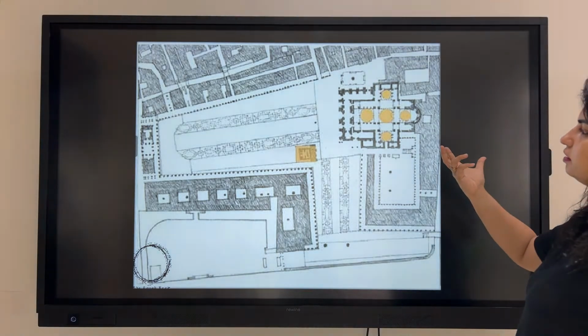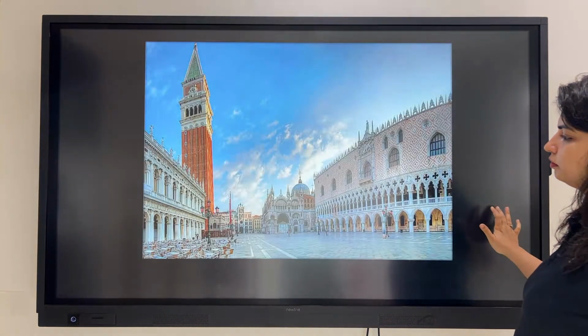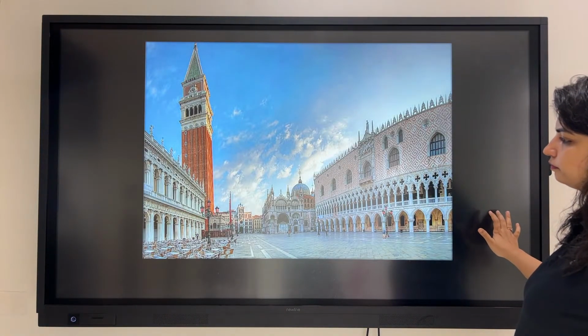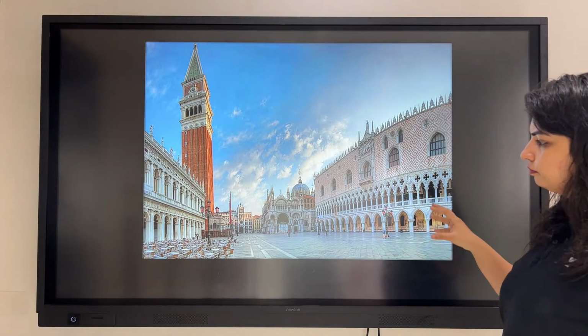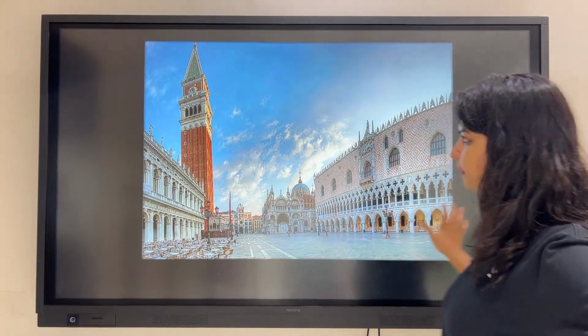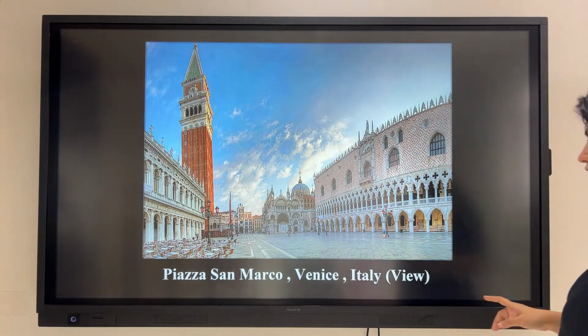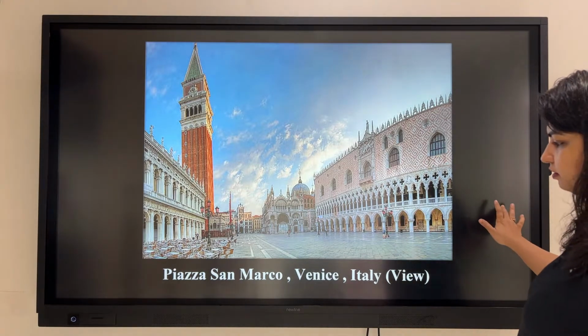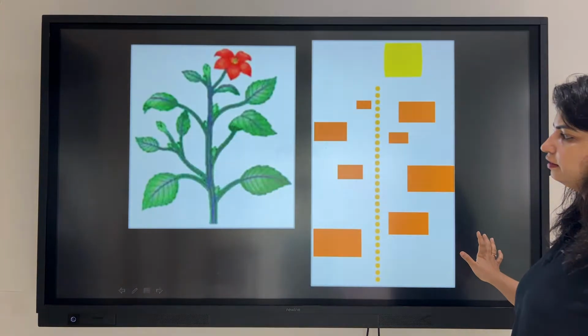So this is the datum shown in the form of a volume here. You will have a volume getting divided. This is Piazza San Marco in Venice, Italy.